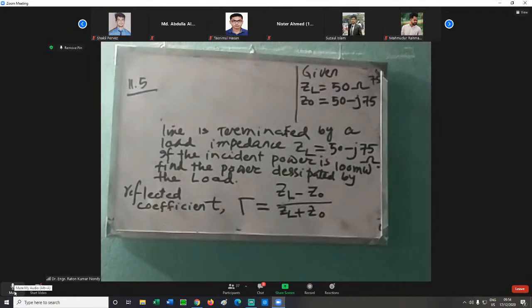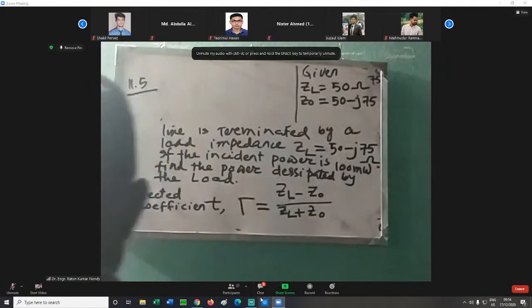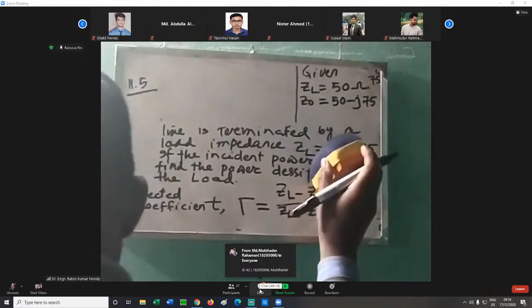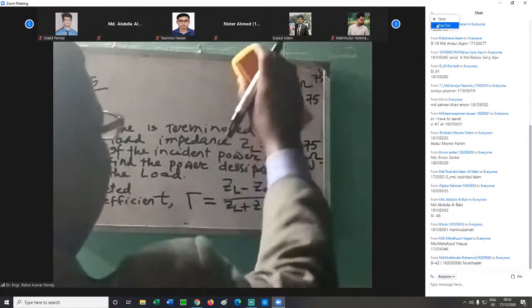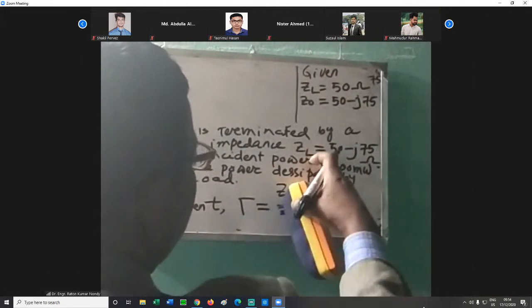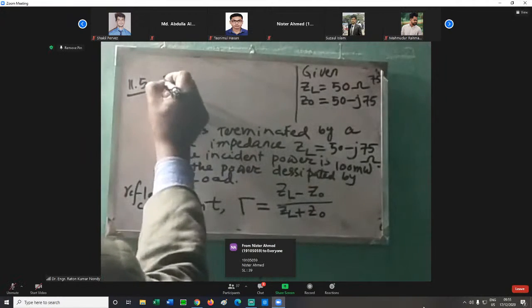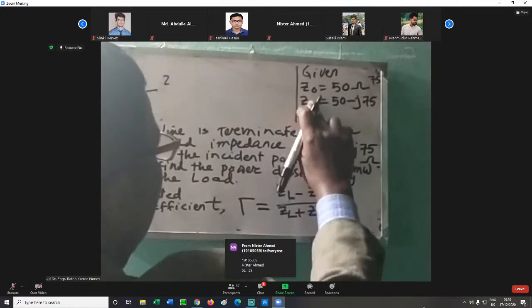A student says Z naught and ZL are swapped. So ZL, the load impedance, is given as 50 minus j75, and that will be Z naught in the formula.